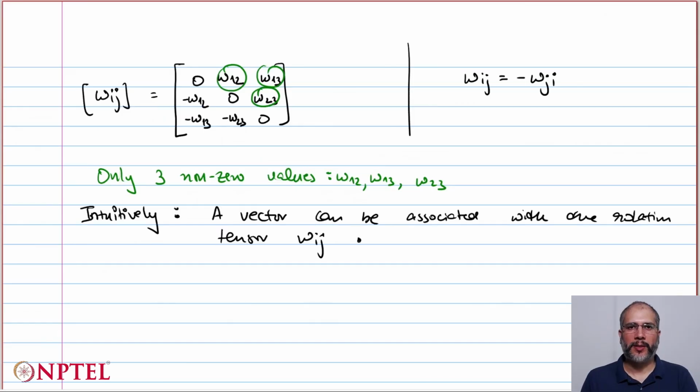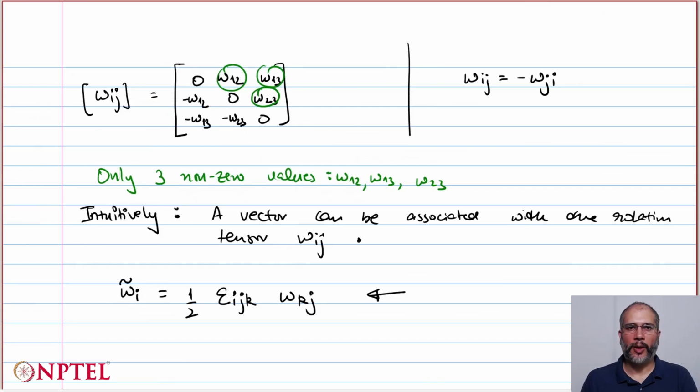And this idea of a vector being associated with omega_ij is more general mathematically speaking. That is, every skew-symmetric tensor has an associated vector with it. So for this case, we can write the vector omega tilde_i is half epsilon_ijk times the omega tensor kj. So I'm using the same symbol with the tilde just to denote that this is the associated or the corresponding vector to the omega tensor. And as I said, this idea is more general.